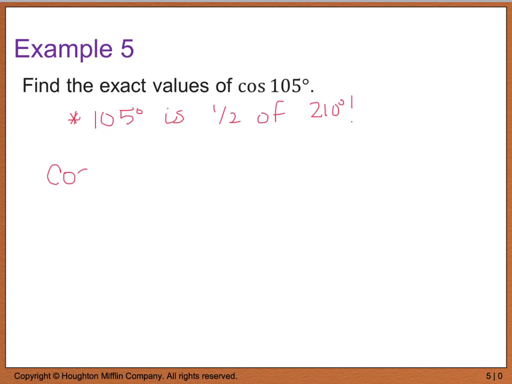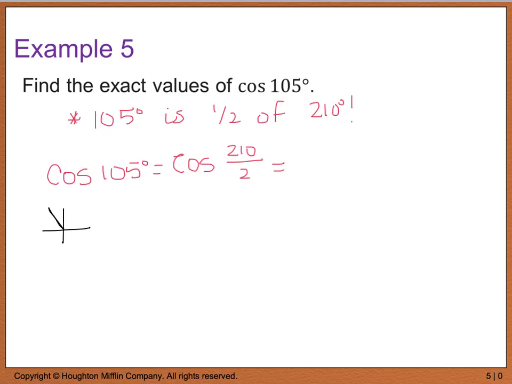So the cosine of 105 degrees is equal to the cosine of 210 degrees divided by 2. So my u is really going to be the 210 when you're using that formula. As far as the plus or minus goes, my original problem said 105 degrees.